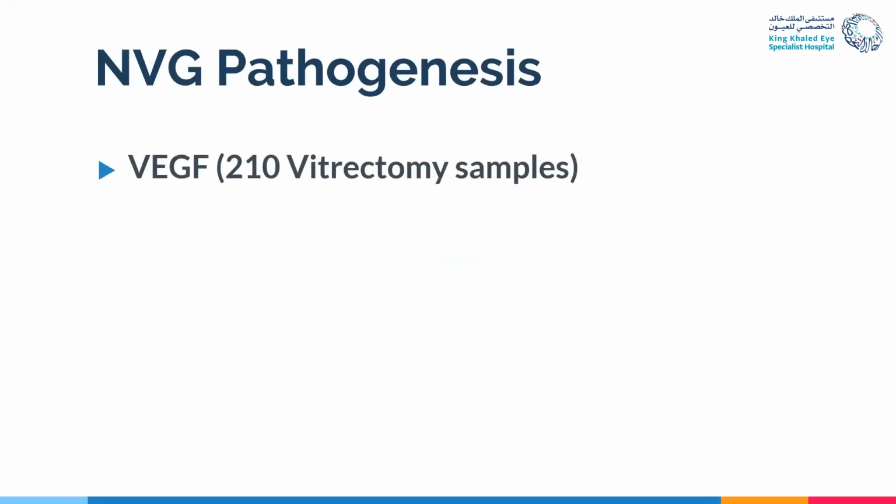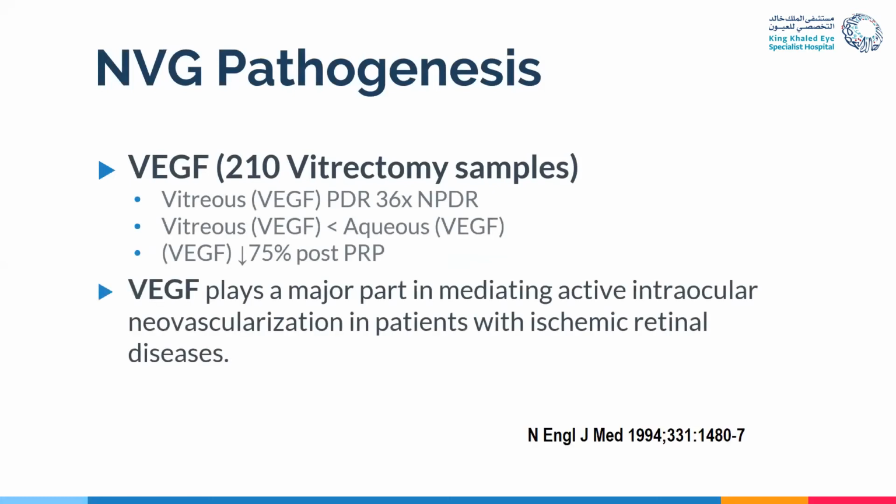When we look at the clinical studies reported in the New England Journal of Medicine, they looked at VEGF in 210 vitrectomy samples. They found that vitreous samples taken from patients with PDR, for a reason or another, had at least 36 times more VEGF concentration than vitreous from patients with non-proliferative diabetic retinopathy.